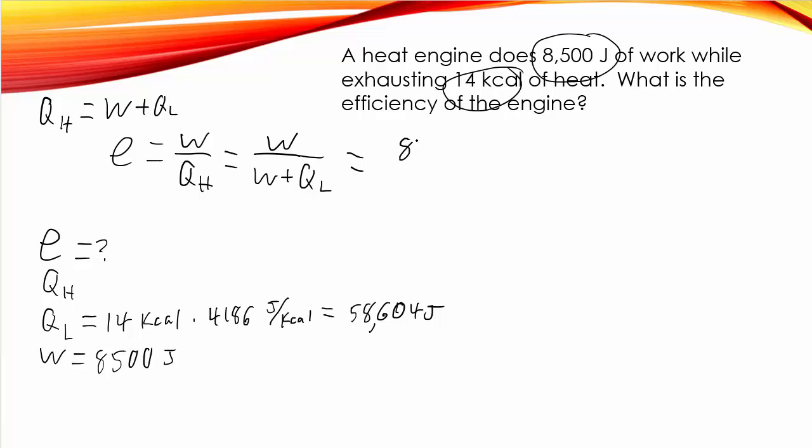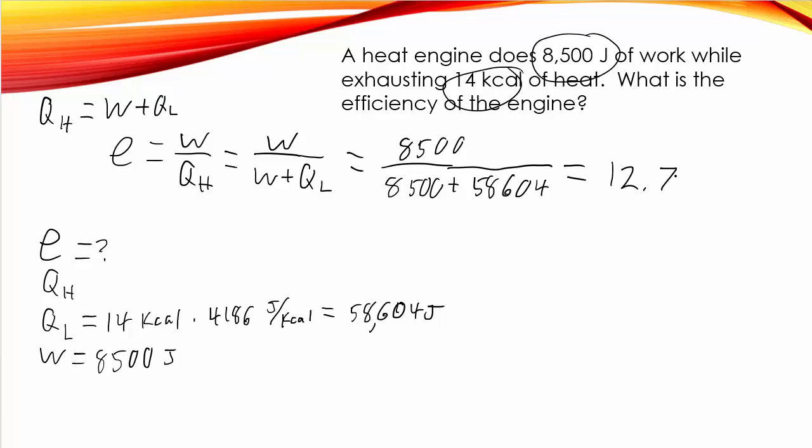So we're going to have 8,500 joules on top and 8,500 plus 58,604 downstairs. Quick little calculation, multiplying by 100 to change it into a percentage, and this rounds to 12.7% efficiency.